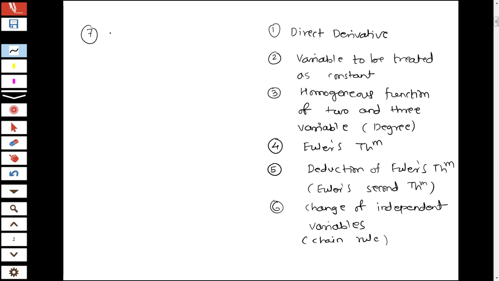And some examples we may have on the total derivative concept. These are the points where questions may be asked for multiple choice questions, right?